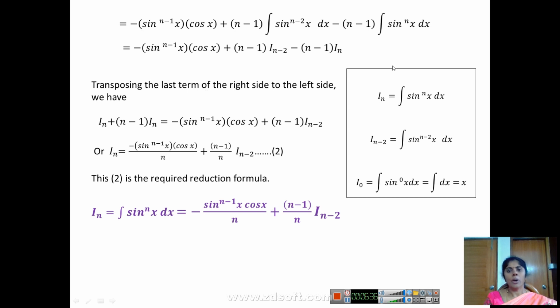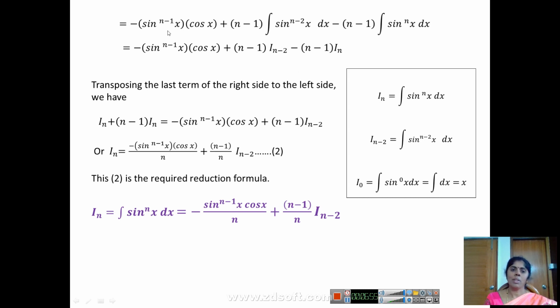And already we have considered In equals integral of sine to the power n of x into dx. So similarly, I n minus 2 equals integral of sine to the power n minus 2 of x into dx. So that I can use in this expression.